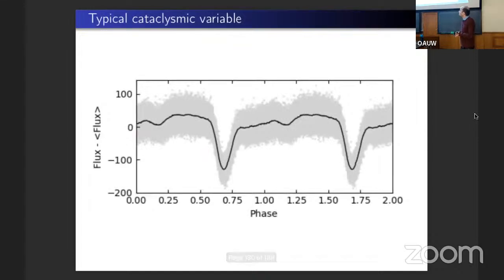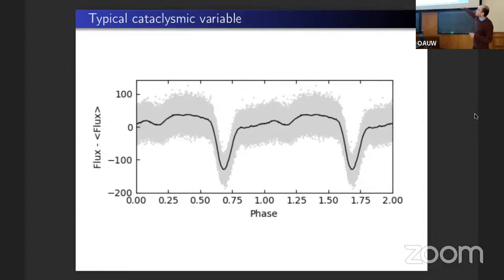But sometimes you don't see any. In some systems, you don't see any hotspot, and this is maybe something we wouldn't expect. But maybe we can use flickering, using the same method as before for polars, to see whether we can find the hotspot hidden somewhere in there.